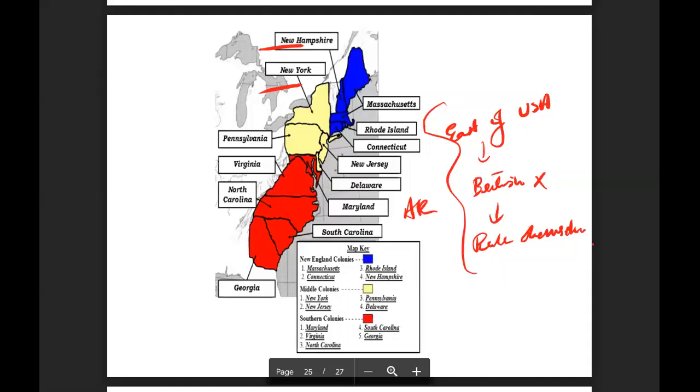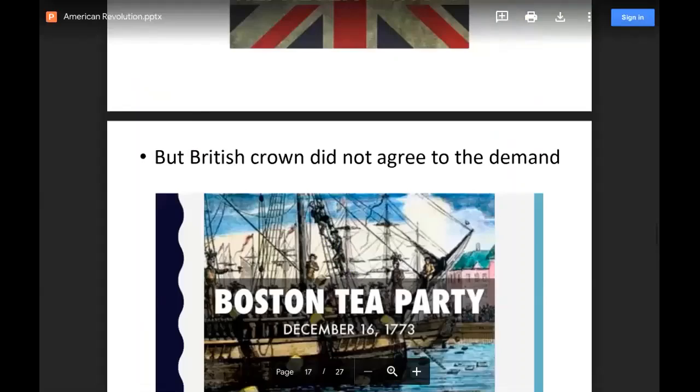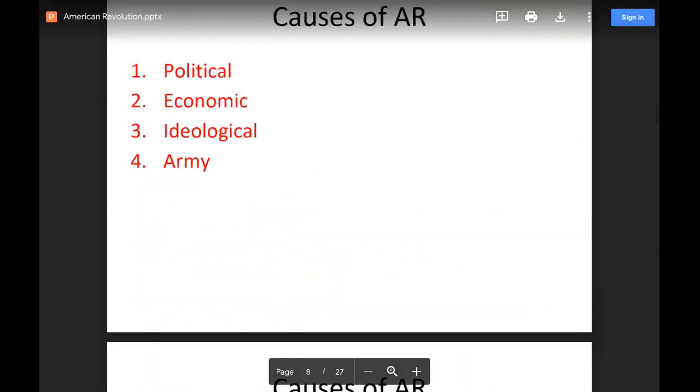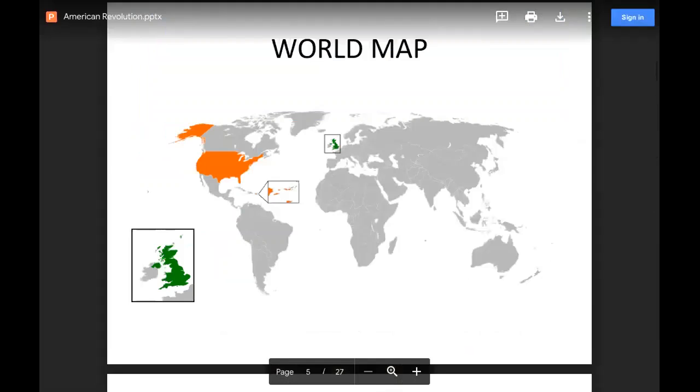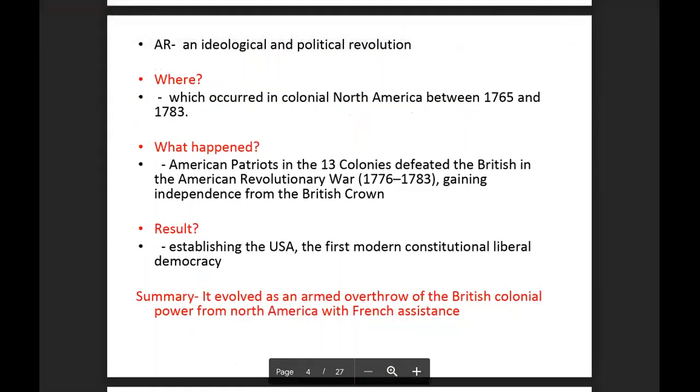Now we'll go back to that slide. So what happened is that American patriots in the 13 colonies defeated the British in the American Revolutionary War, gaining independence from the British crown.